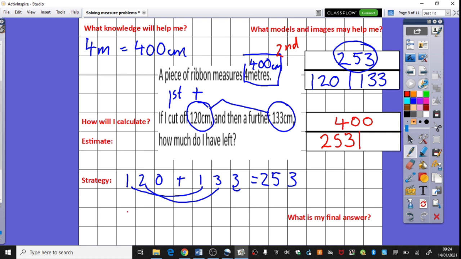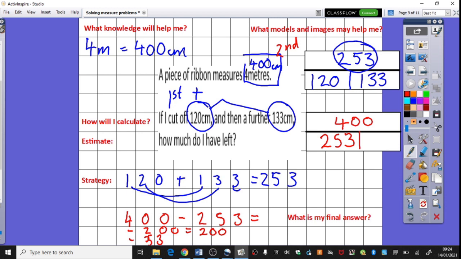Okay, so once again 400 subtract 253. I'm going to subtract the 200 first of all, which leaves me with 200. Okay, and then I will do 200 subtract 53.